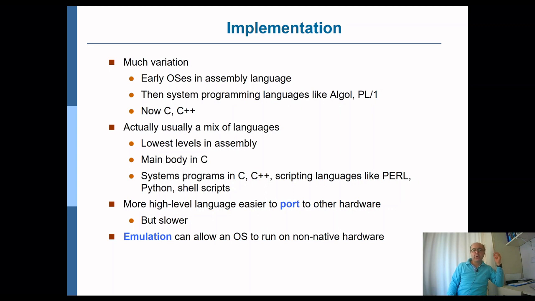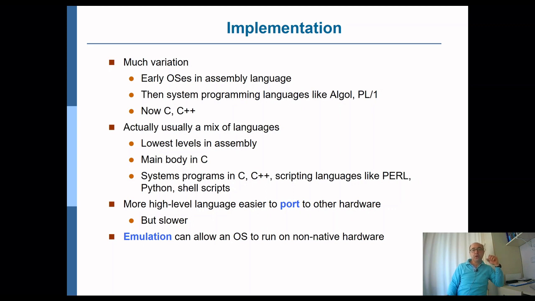But nowadays, almost all operating systems are typically implemented in C or C++. Actually, even with the modern operating systems, the very lowest levels are still implemented in assembly because that's where you can do all the tricks, and performance-wise, that would be the best.